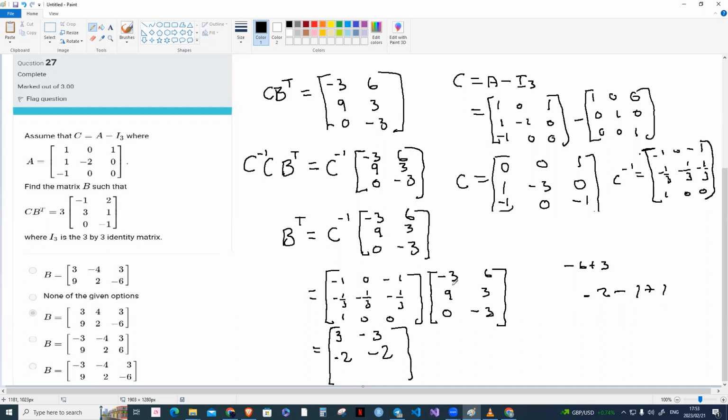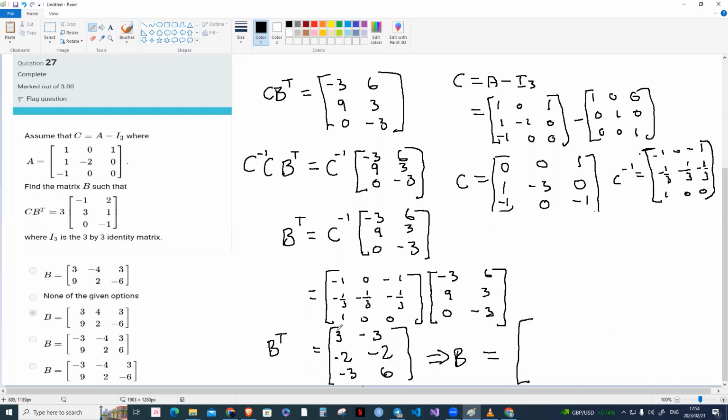The last one, -3, 0, 0. It's a -3. Then 6, 0, 0. That's a 6. This is our B transpose. This implies that our B is the transpose.